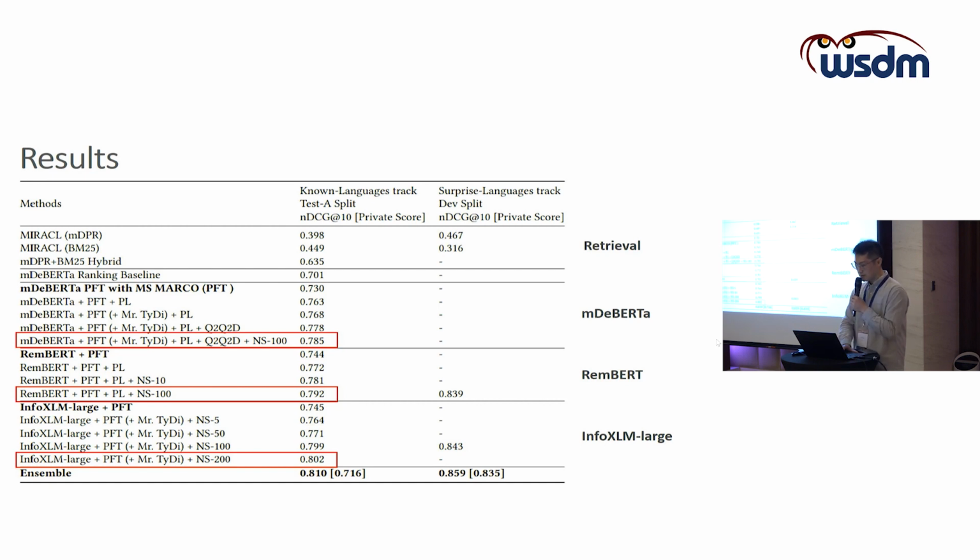And for the ranking stage, we started with MD-Beta as our baseline model. The score of the pure MD-Beta model without any tuning was 0.701. Next, we conducted 3 lines of experiments using different data engineering techniques and based on different pre-trained language models. Finally, we used the best models from each line of experiments to create the final ensemble.